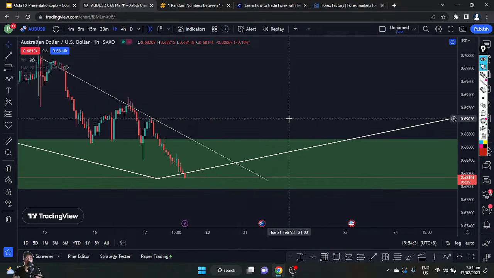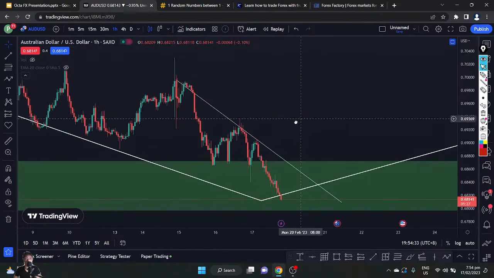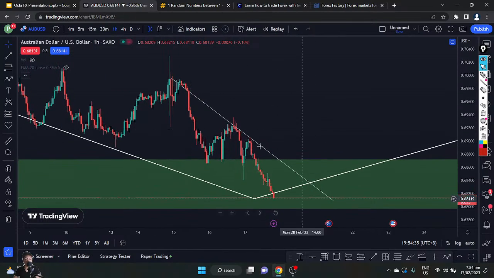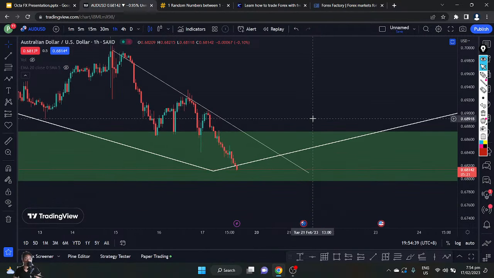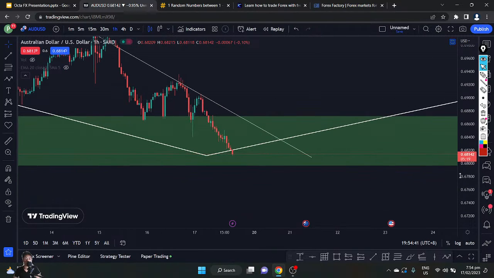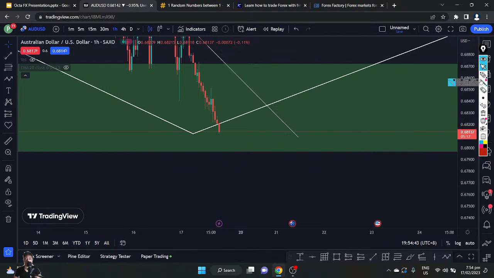So if you are a conservative trader, then you may want to look for a breakout of this trend line before opening your trade. But if you are an aggressive trader, most of the time they are just looking for an entry candlestick pattern such as a pin bar, an engulfing candle, or simply a doji like this.